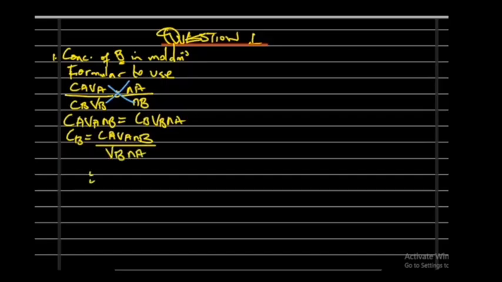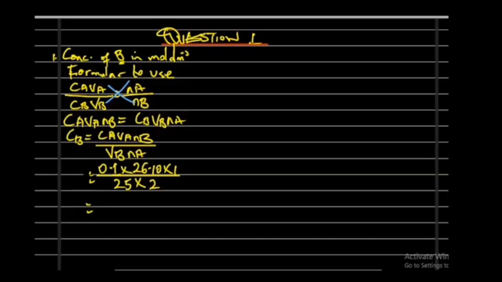So from our question, we know our CA is 0.1. It is there in the question. And then we have our VA. We said we are using 26.10. And our NB, number of moles of base, is 1, sorry, this one is supposed to be NB, and then divided by our VB, which is 25, that is gotten from the volume of pipette that is used, multiplied by the number of moles of acid, which is 2.